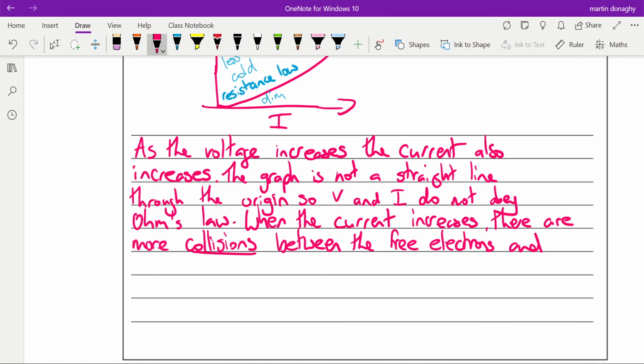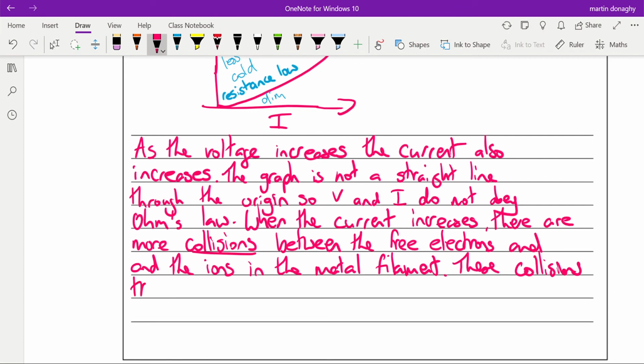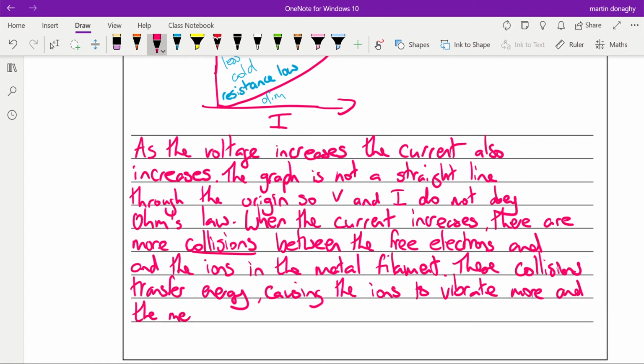So between the free electrons and the ions in the metal filament, these collisions transfer energy, causing the ions to vibrate more, and the metal heats up.